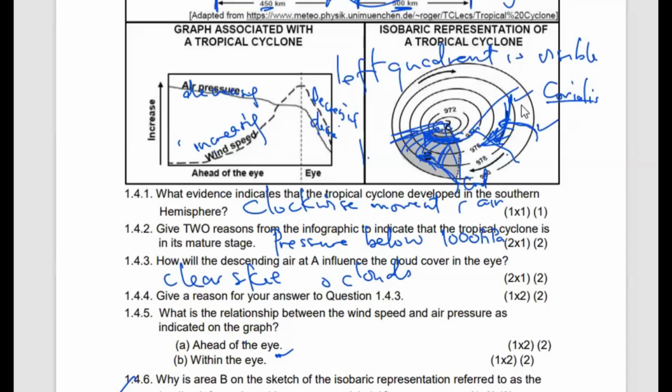The weather system is circulating in this direction, while Coriolis is also acting in that direction. So the combined effect of the Coriolis deflection with the circulation of the weather system gives very strong and intense weather conditions in that quadrant that we call the active or the dangerous quadrant of the tropical cyclone.